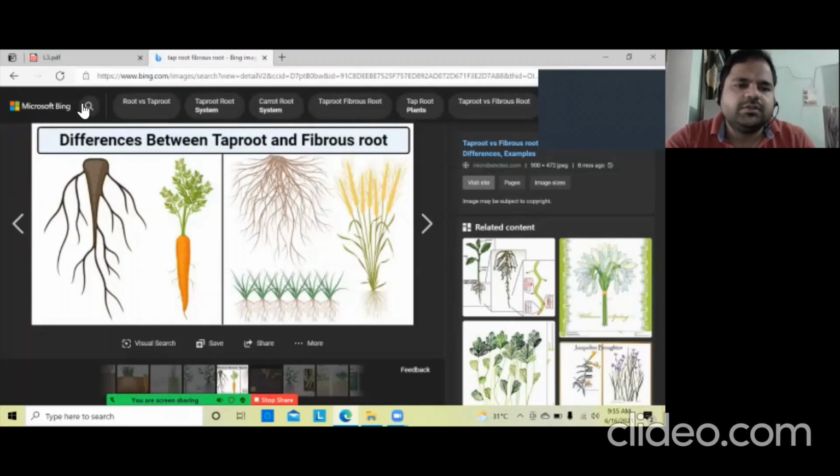We can see the clear-cut difference here. In the case of fibrous root, from the base of the stem, several branches have arisen. There is no difference among all these root fibers, but in the taproot there is a primary root, and laterally several roots arise. So we can see the difference.